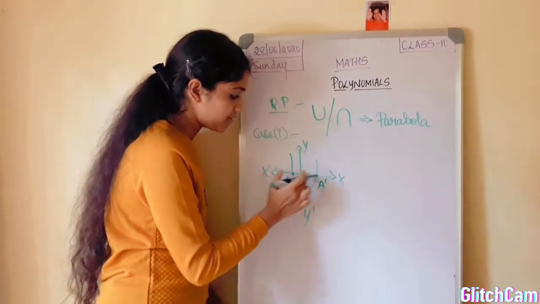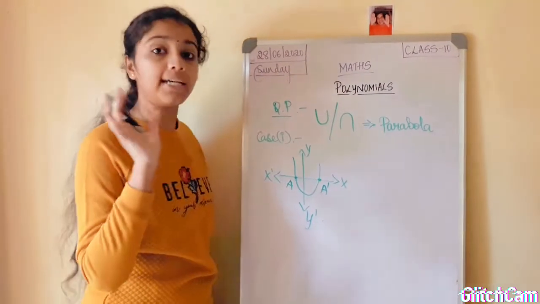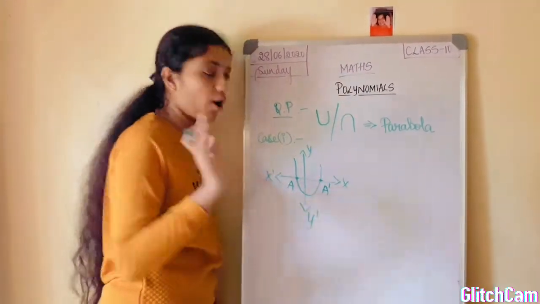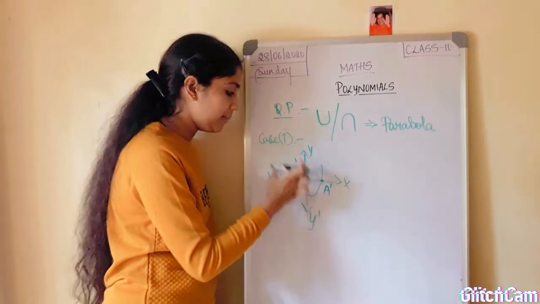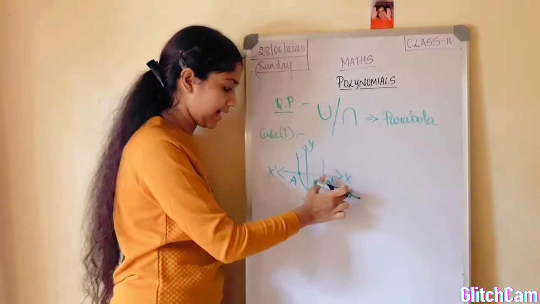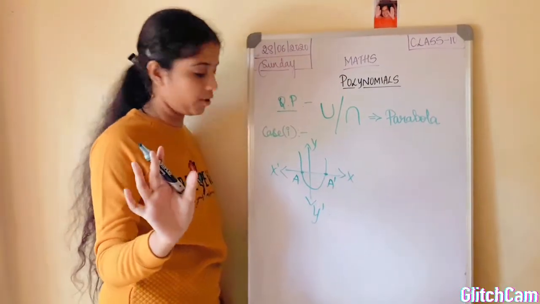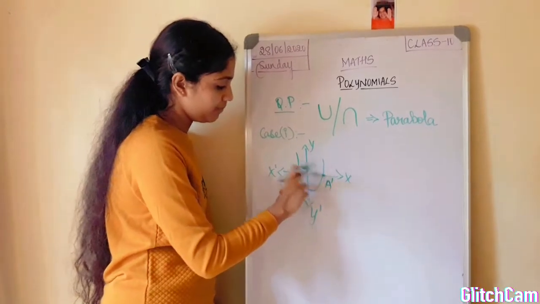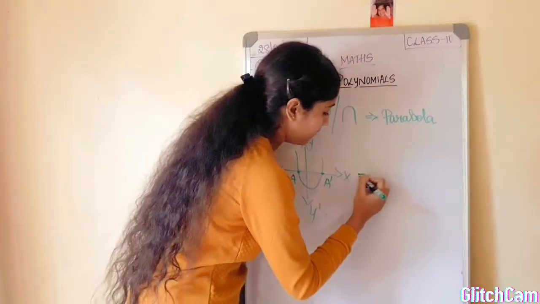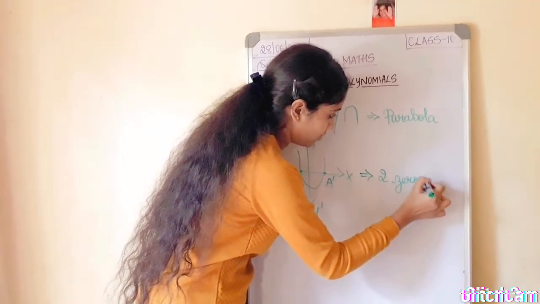So now these 2 points are the zeros of the polynomial. Always remember, only if the parabola is intersecting the x-axis, only those points are considered as the zeros of the polynomial. In case 1, you have 2 zeros.